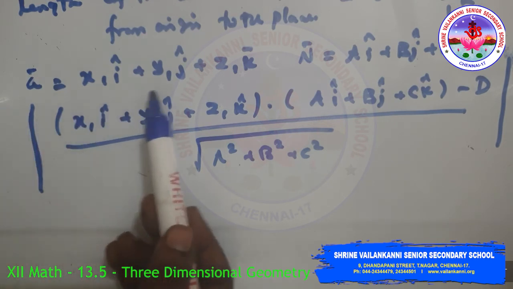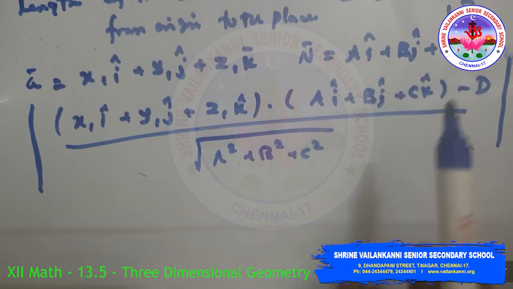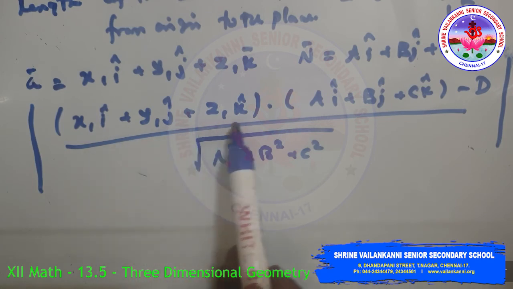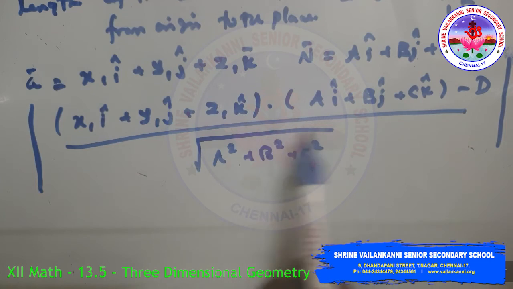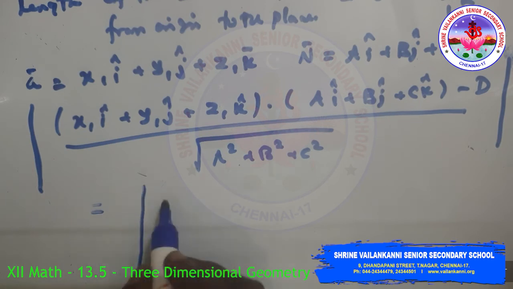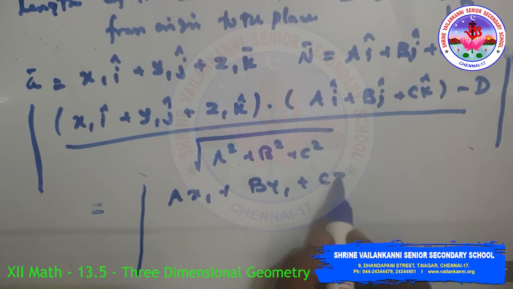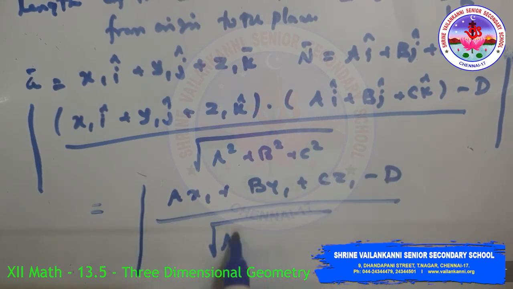Then a is x1 i plus y1 j plus z1 k and n is a i plus b j plus c k. The perpendicular distance from P to the plane is (x1 i plus y1 j plus z1 k) dot (a i plus b j plus c k) minus d, whole upon root of a square plus b square plus c square, which is modulus of (ax1 plus by1 plus cz1 minus d) divided by root of a square plus b square plus c square.